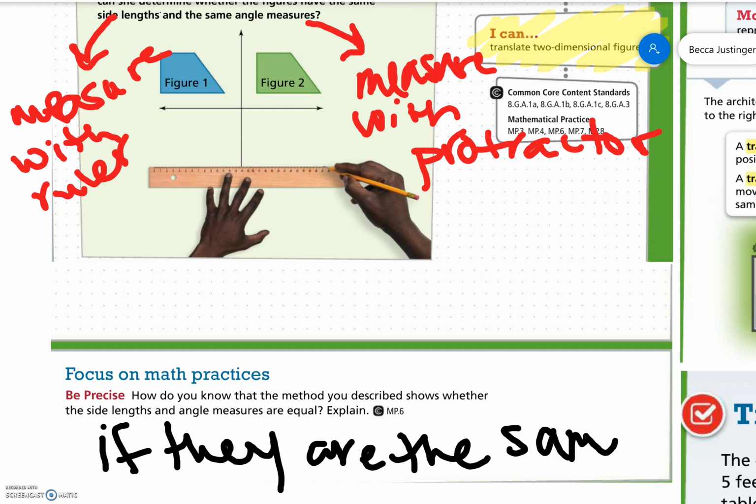If all the side lengths and the angles are equivalent to each other, the corresponding ones, like the bottom line and the bottom line, or the top right angle and the top right angle, if they're all the same corresponding, meaning you could actually pick the one figure up, put it on top of the other one, and they would look exactly the same, that means they are congruent. Congruent means equal, equivalent, the same figure.